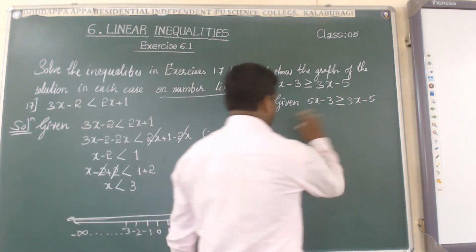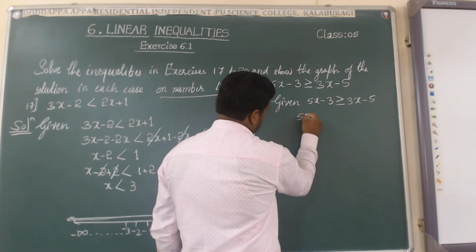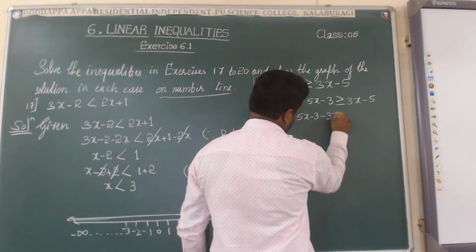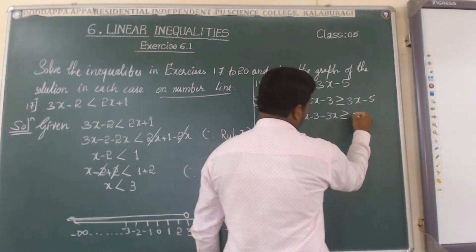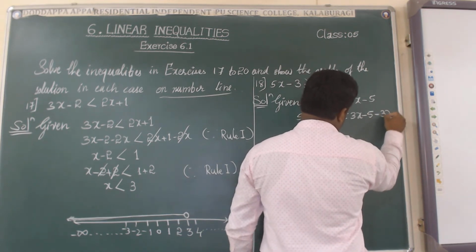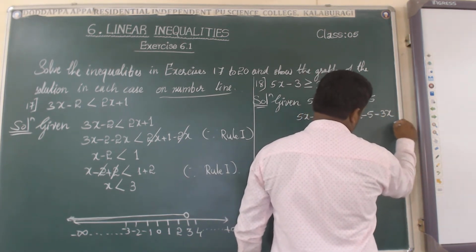Okay, I am going to write directly here, that is 5x minus 3 minus 3x greater than or equal to 3x minus 5 minus 3x because of the first rule.